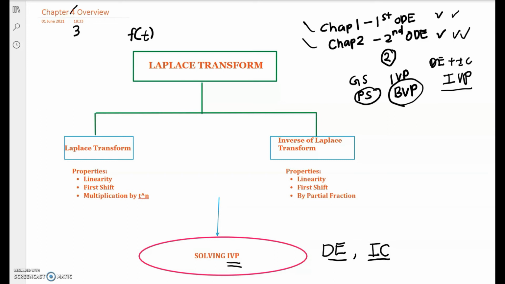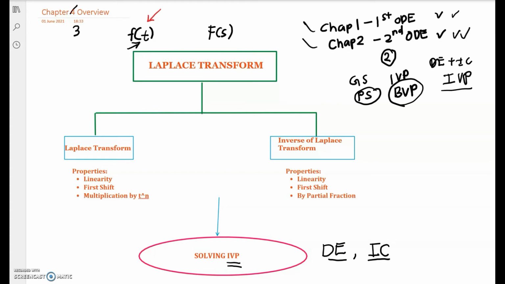Then we find the transformation into another function, which is equivalent to the time domain. We call it the complex frequency domain. Normally, the complex frequency domain after you do the transformation depends on the previous function in the time domain.